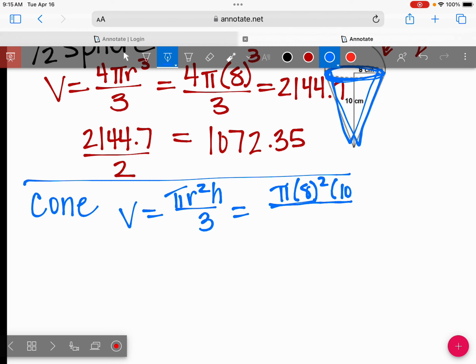Okay. So then we're going to multiply that by 10 and divide that by 3. So go ahead, type that in your calculator, see what you get.